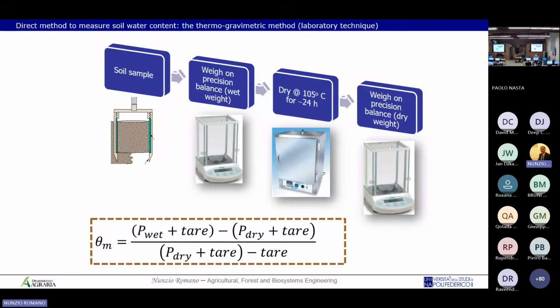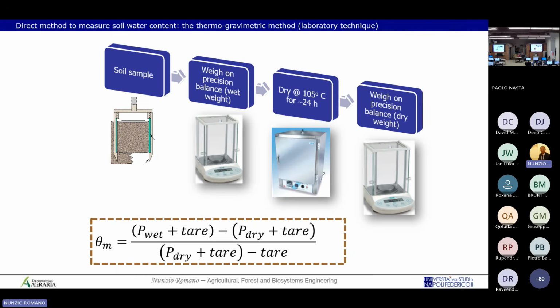So let's talk a bit about the direct method. The direct method actually is just one, the so-called thermogravimetric method. Thermogravimetric because you mostly weigh the soil core, and then you use the oven to have the dry soil.